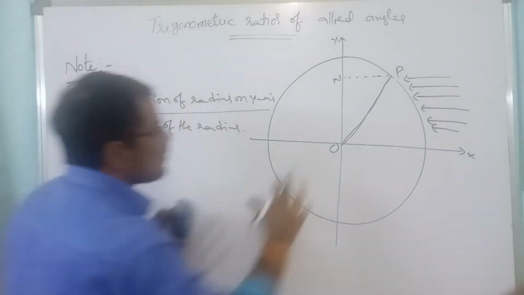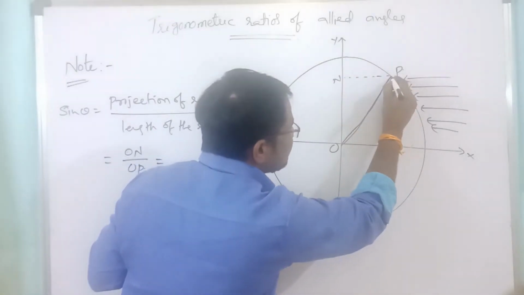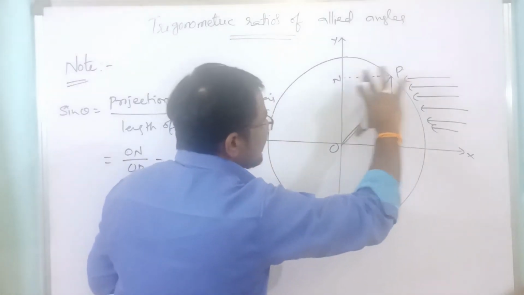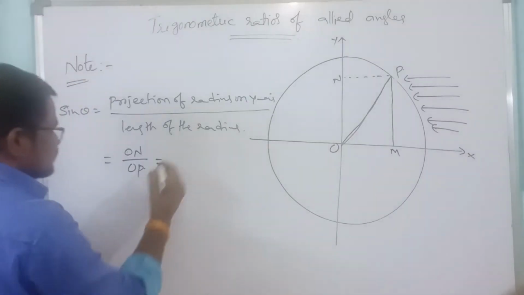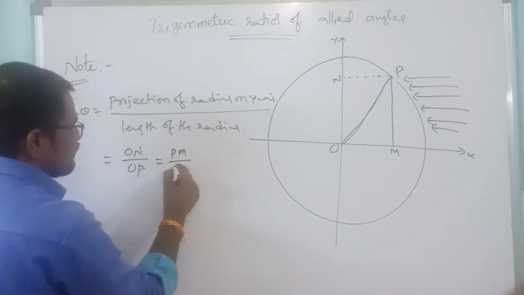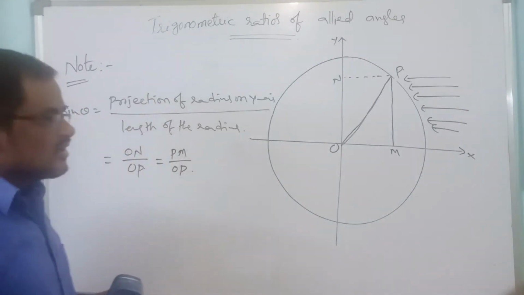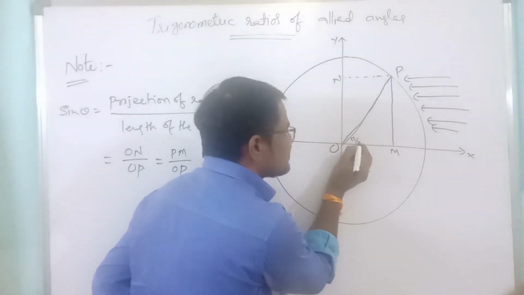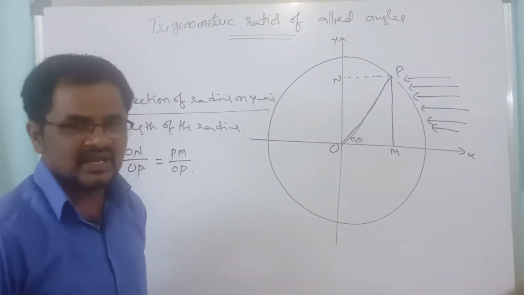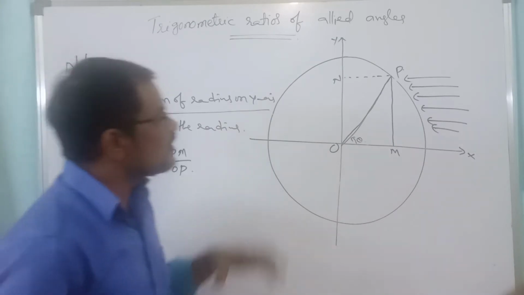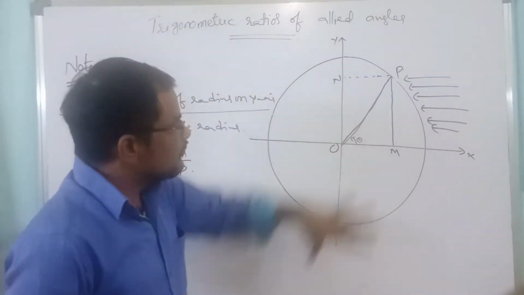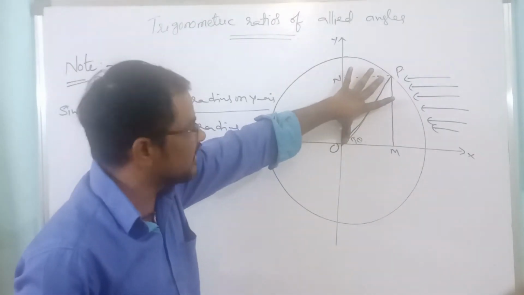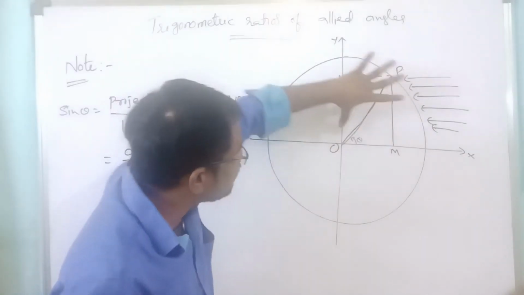That is also equal to, if you take PM perpendicular to x axis, ON length is equal to PM. So again you can write PM by OP, right? So suppose OP makes some angle theta with the positive direction of x-axis, then how do we define sin theta actually? Projection of OP on y-axis divided by the length of OP is nothing but PM by OP.